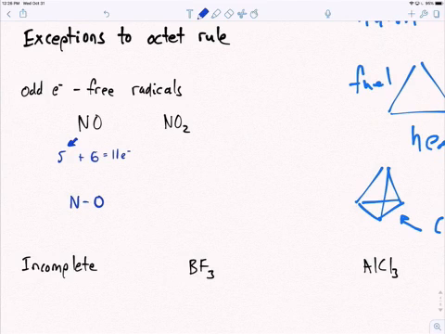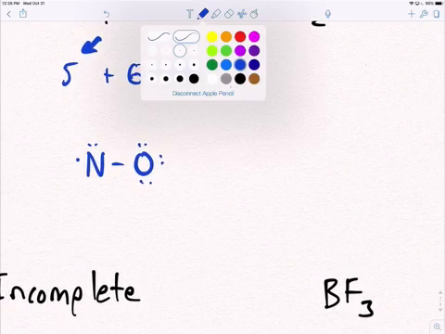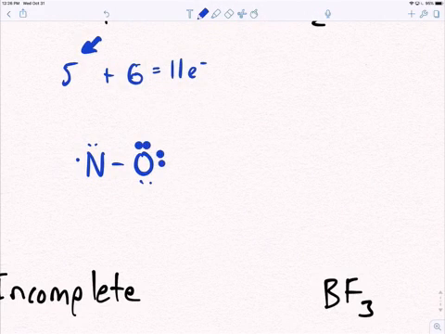So we have 2 electrons placed, 2, 4, 6, 8, 10, 11. So we placed all 11 electrons, but oxygen has an octet, nitrogen has 2, 4, 5.